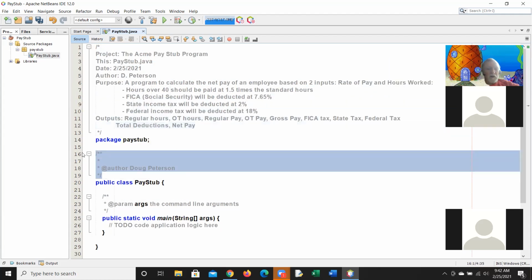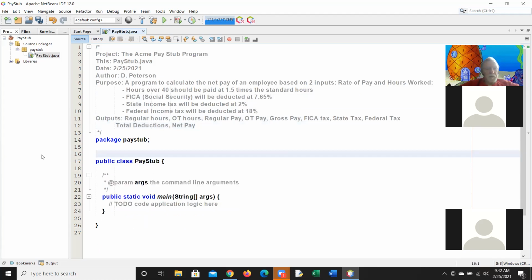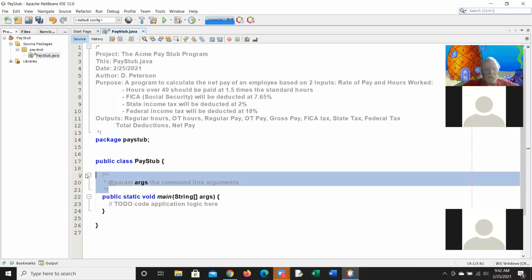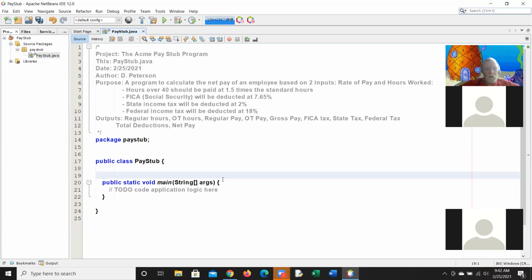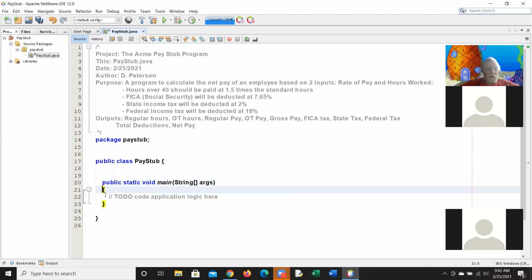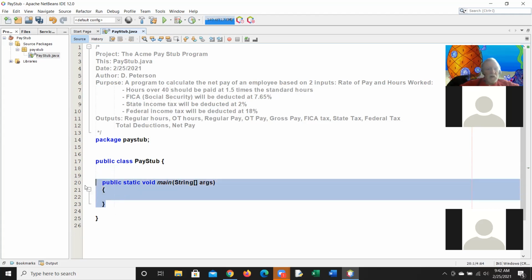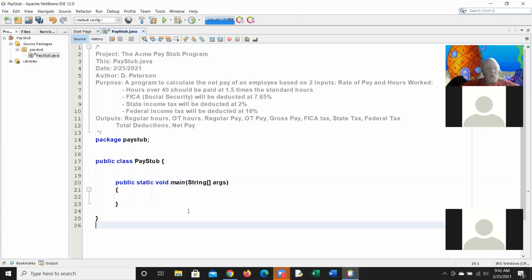And let's clean this up. Delete that. Move this in a little bit so it's pretty. Oh, that's wonderful.